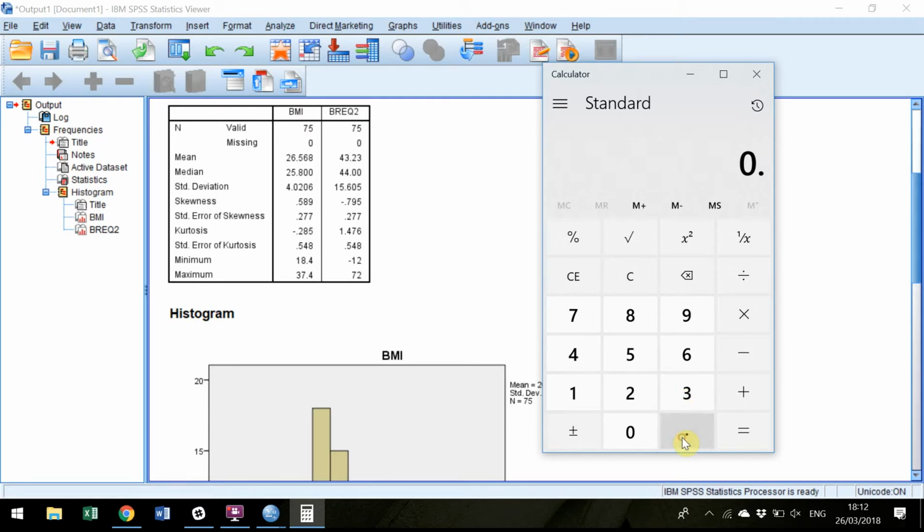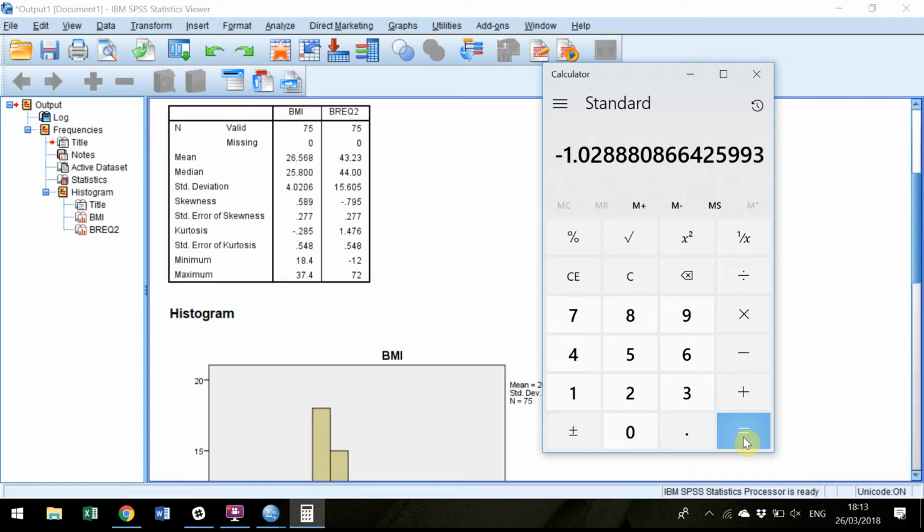So we're going to take 0.285, and that's a negative, divided by 0.277. And this is okay. Remember, we've spoken about 2s. What you're really looking for is whether it's between plus or minus 1.96.